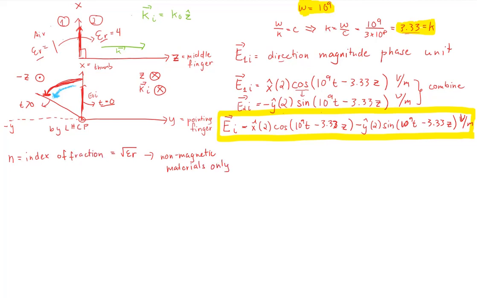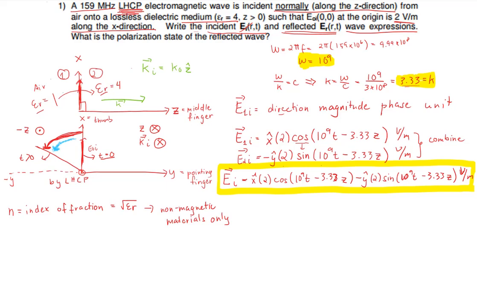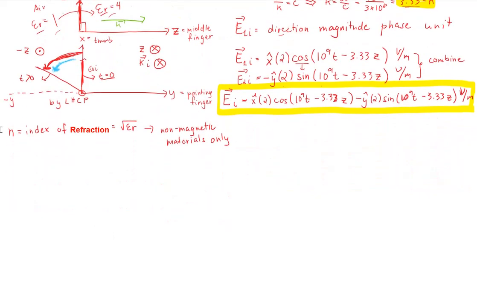So that tells us that these two are non-magnetic. That's okay. So we have N sub 1, coming from air, so just root of 1, and N sub 2, coming from here, it's just going to be root of 4.